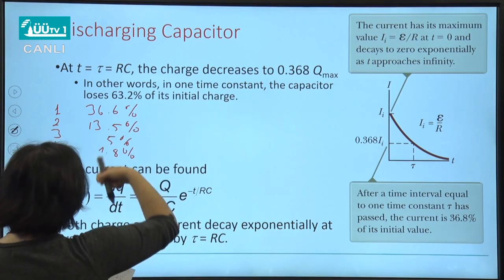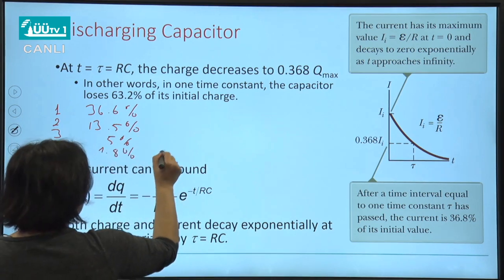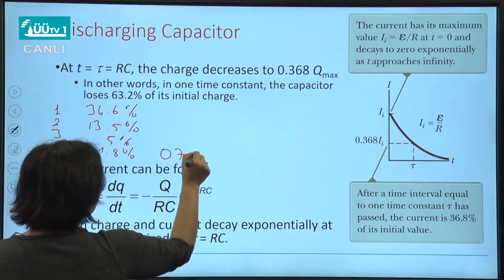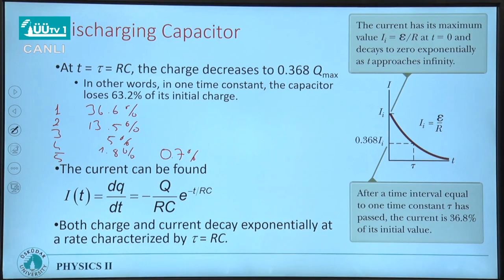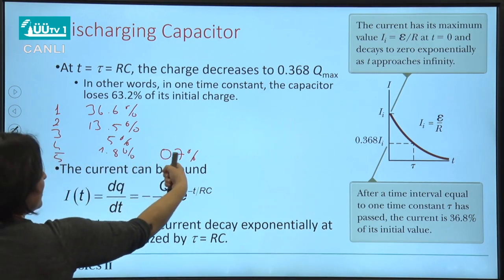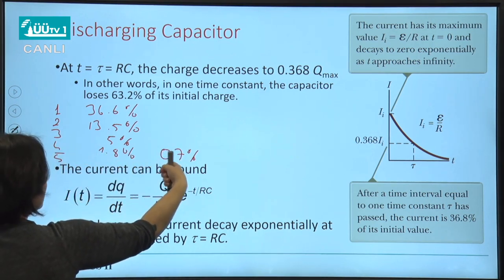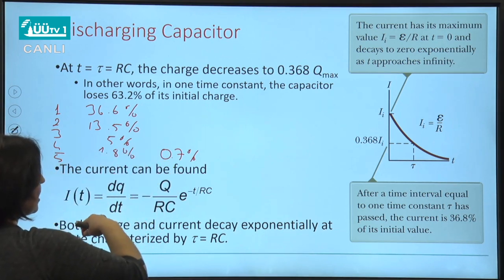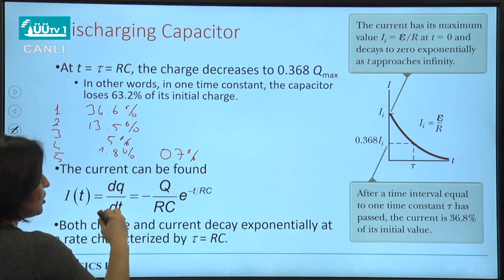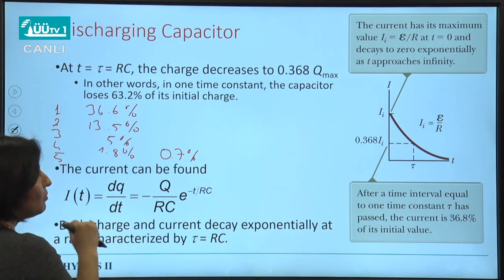After 5 tau time, we will have 0.7% of the maximum. So it's really close to zero. We can assume after 5 tau time, the amount of charge is almost minimum, almost zero.